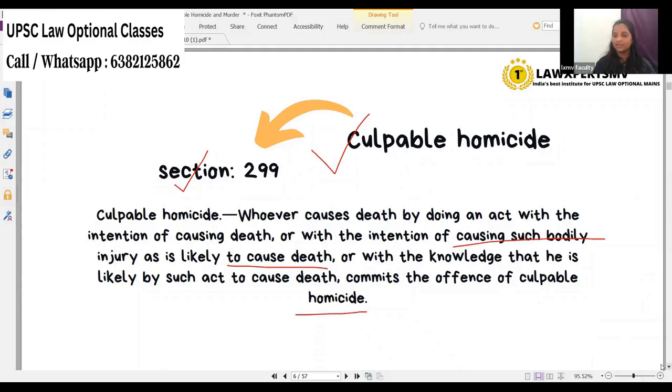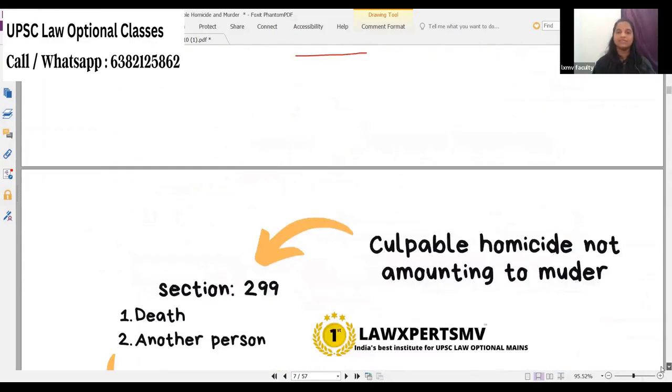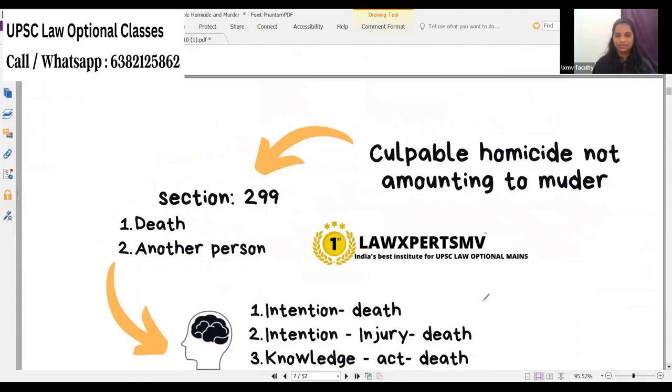Okay, thank you, sir. So now let's decipher it into ingredients. Culpable homicide is defined under section 299. Why am I pressing on the section again and again? I see people writing 277 sometimes, 300 sometimes, so never make a mistake. Under culpable homicide, section 299, the death must be caused. Death of the victim must be there, which means the victim must not be alive.